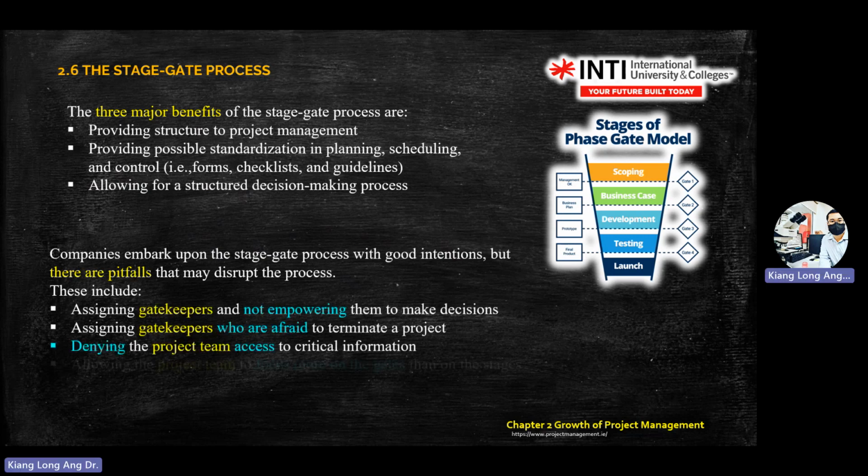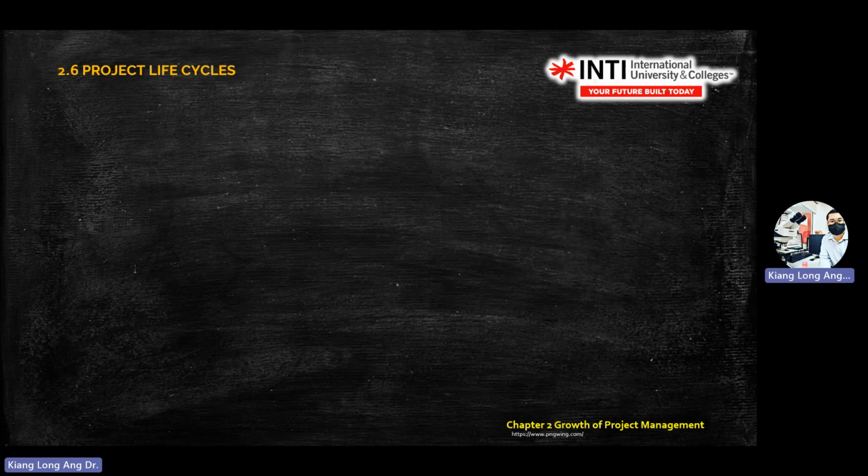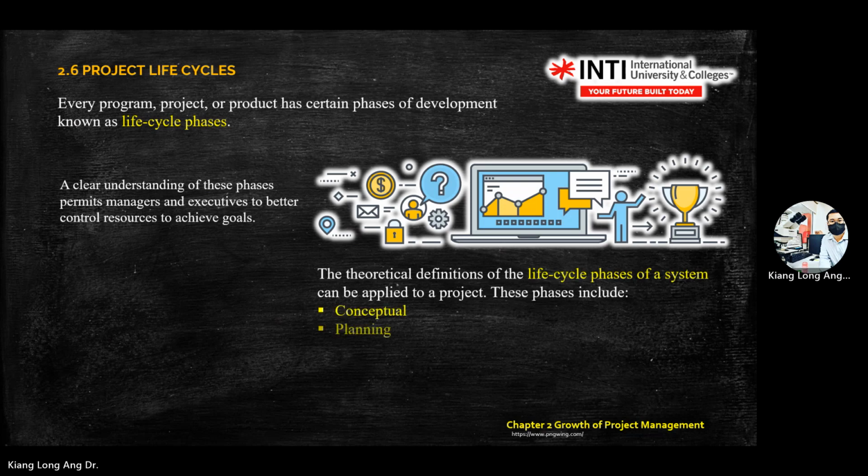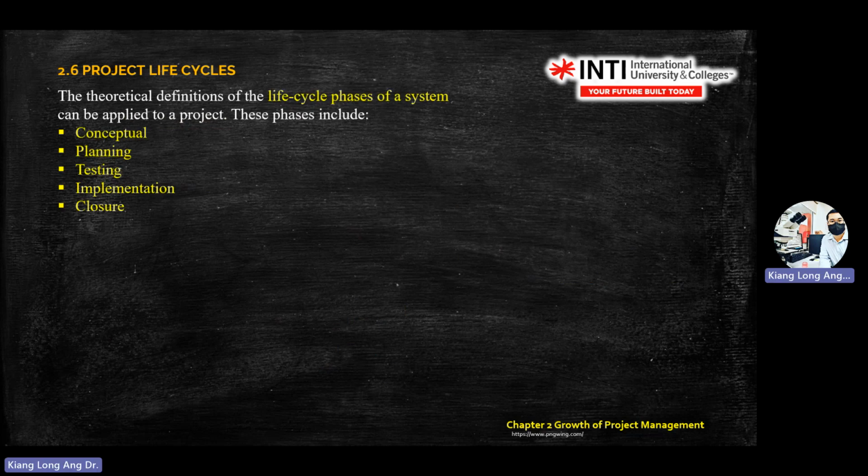So we are done with the stage-gate process. Now we go into the project life cycle. A life cycle is the process from start to end. You have 5 phases for a system: concept, planning, testing, implementation, closure.